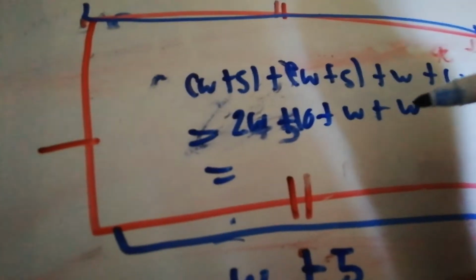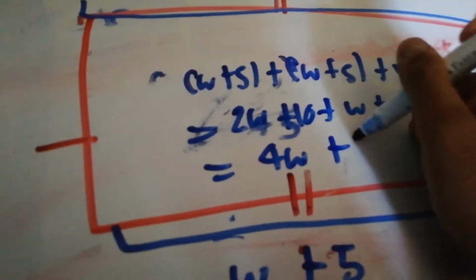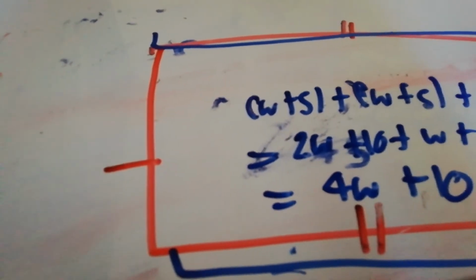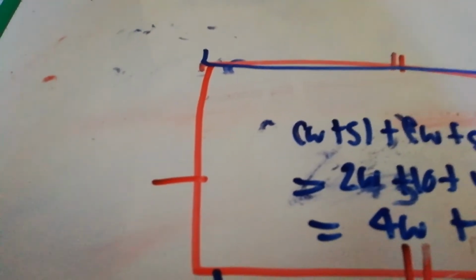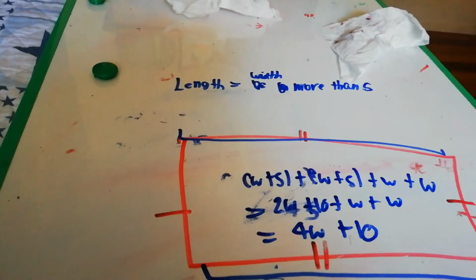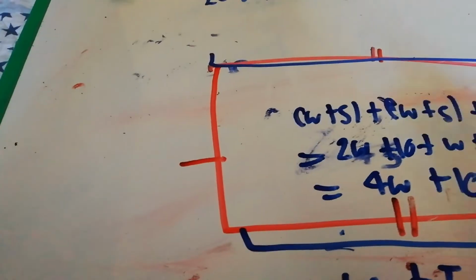That should give you a perimeter of 4w plus 10. And that's binomial expression. Hopefully you guys enjoyed this course, and in the next section of this video you'll be seeing how to expand and factorize equations.